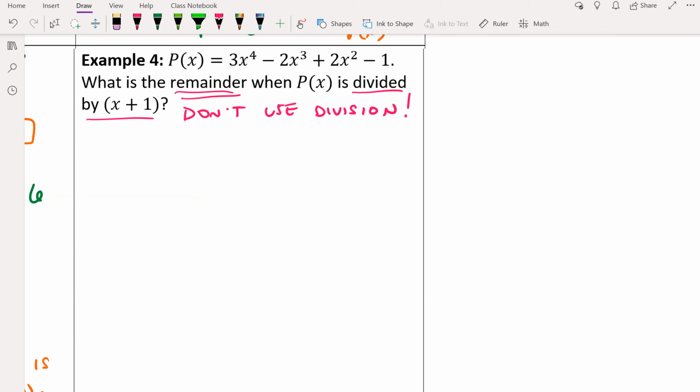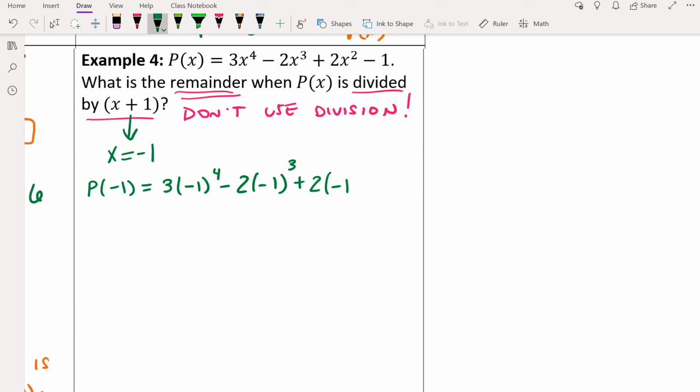All right. We need to plug in the opposite of 1. So plug in x equals negative 1 to find the remainder. So P of negative 1 equals 3 times negative 1 to the 4th minus 2 times negative 1 cubed. Do you see how I put parentheses around everything that I plug in?